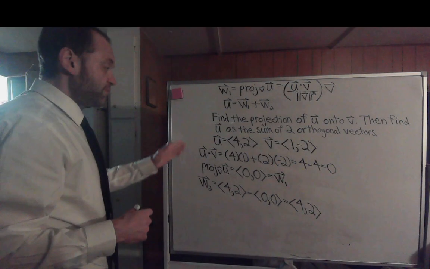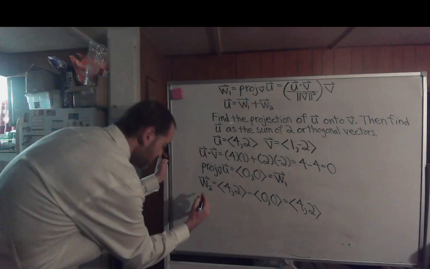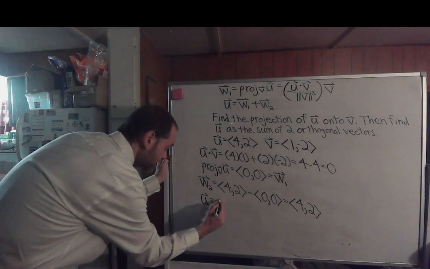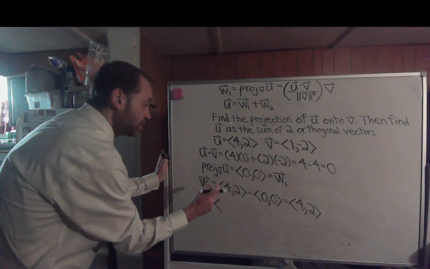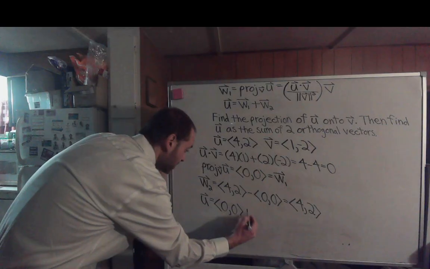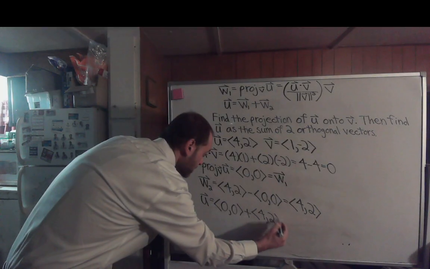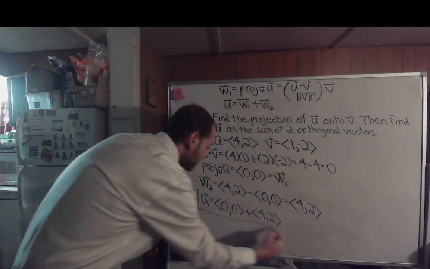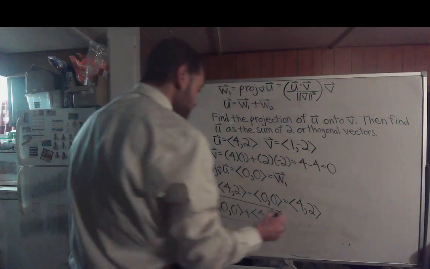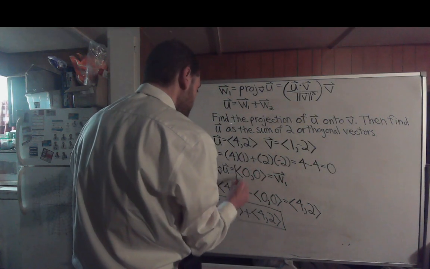So we found vector w sub 2, and then if you really want to, we can write vector u as the sum of vector w sub 1, which is going to be 0, 0, plus 4, 2. So there is your vector sum of two orthogonal vectors. And here is your projection. It's going to be 0, 0.